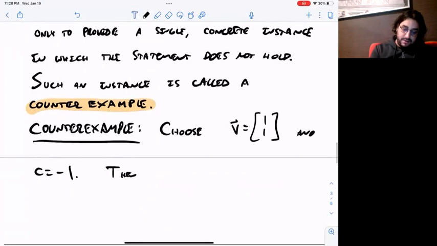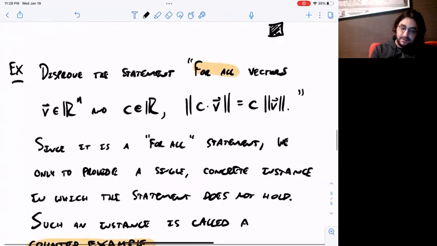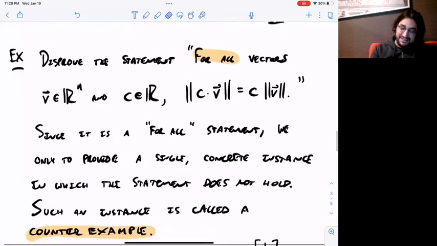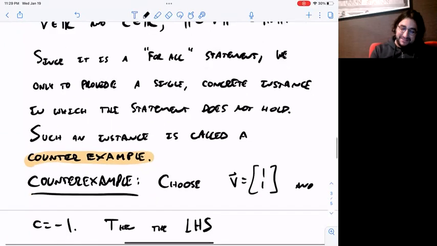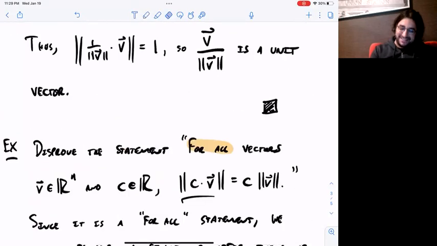Then what do I have? Let's look at the left-hand side of the identity.